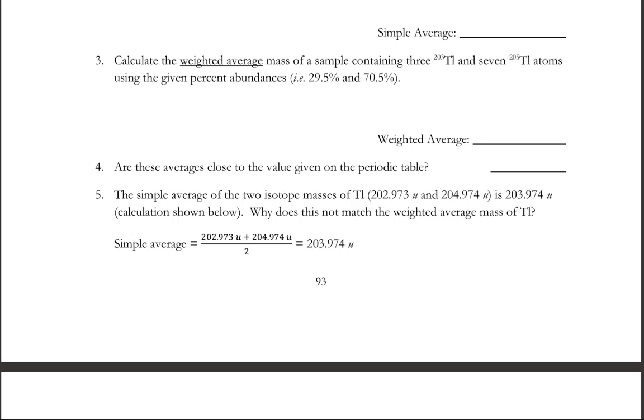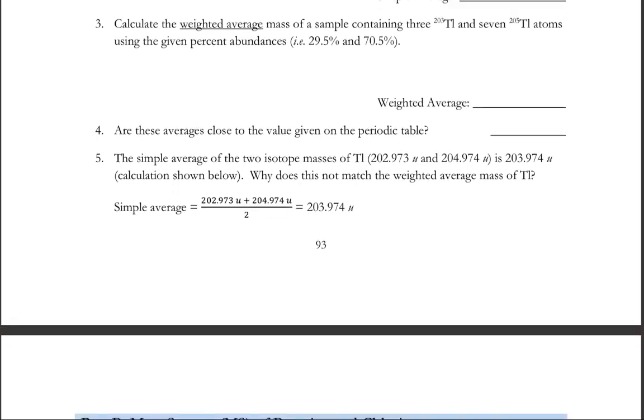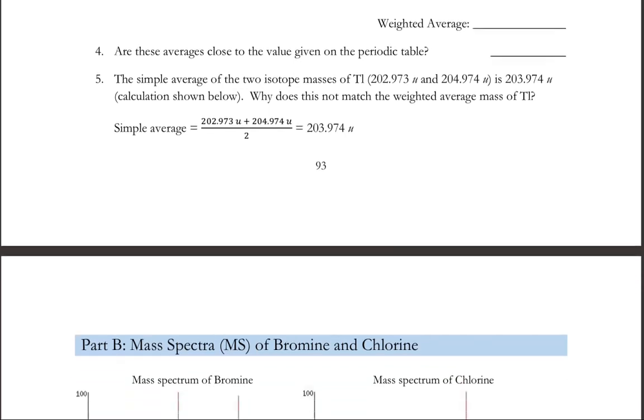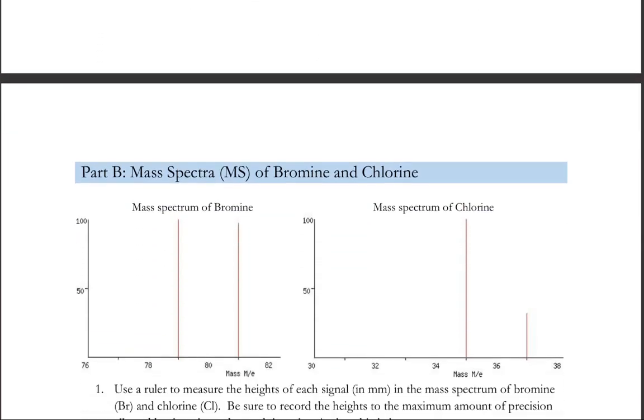Well, that's far from what we see on the periodic table, because this total simple average of just 2 isotopes assumes an equal abundance of the 2 isotopes, and we're told it's not equal. One is 29.5% abundant, the other 70.5% abundant. So that's what that problem 5 is all about. And since I've answered it for you, you need not answer it.